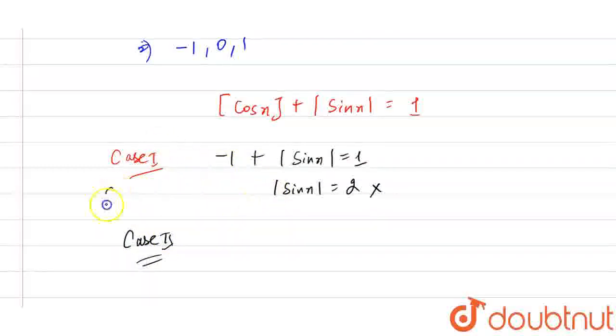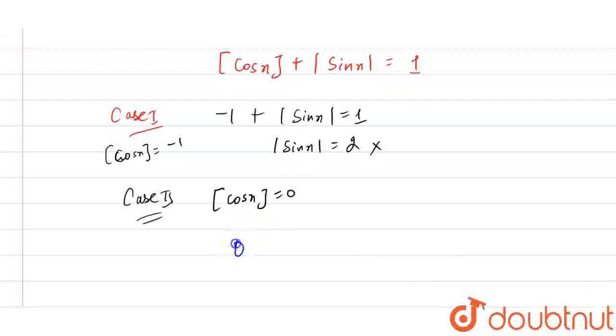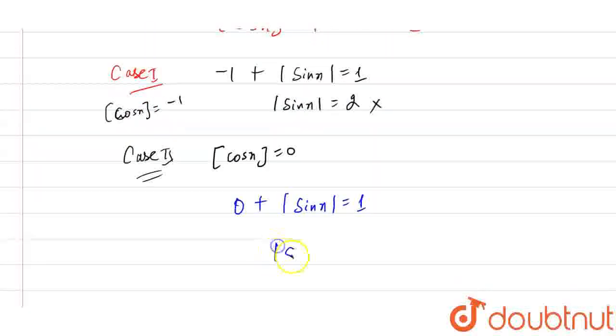In case 1 we took the greatest integer function of cos x equal to minus 1. In case 2 we take the greatest integer function of cos x equal to 0. So we get 0 plus mod of sin x equals 1, so mod of sin x equals 1.